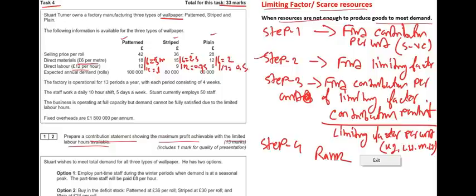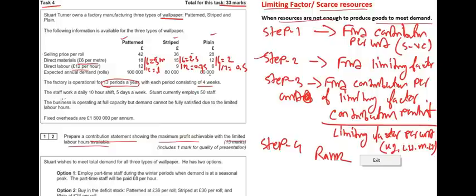Expected demand is given: 100,000, 80,000 and 60,000 for plain. The factory is operational for 13 periods a year. So in 1 year, 12 months, we work for 13 periods. Each period consisting of 4 weeks.